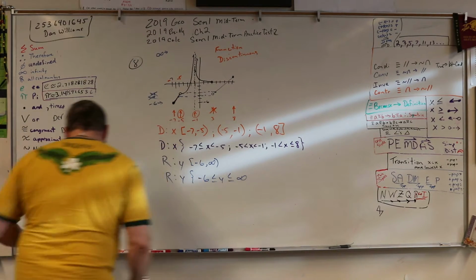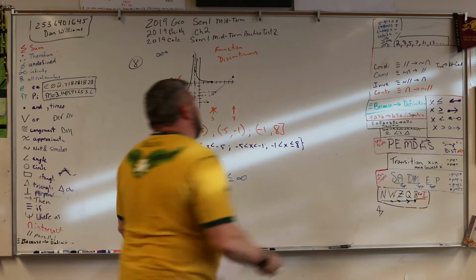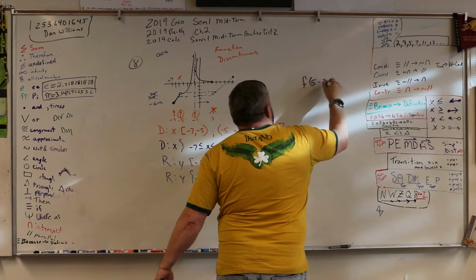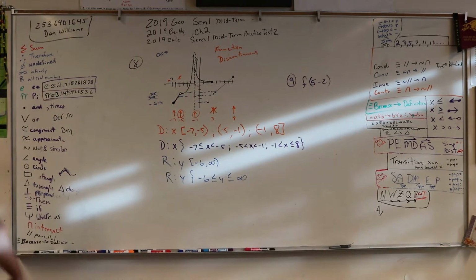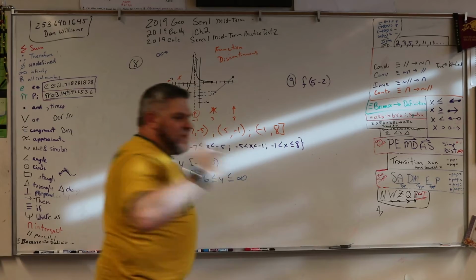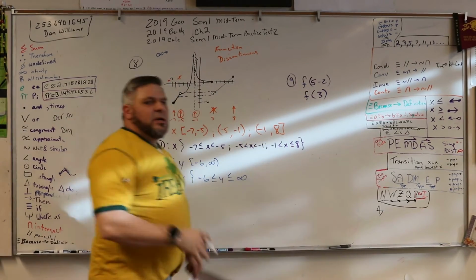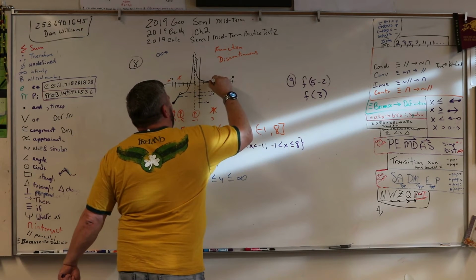Alright, then we got what is f of 5 minus 2? F of 5 minus 2. This is 9. Okay? And it's pretty simple. What is 5 minus 2? 5 minus 2 is 3. So f of 3. So I'm going to look. What is, when x is 3, oh, it's right here.